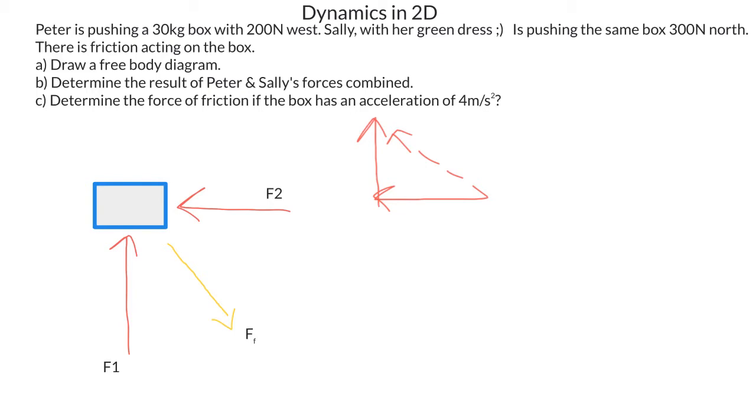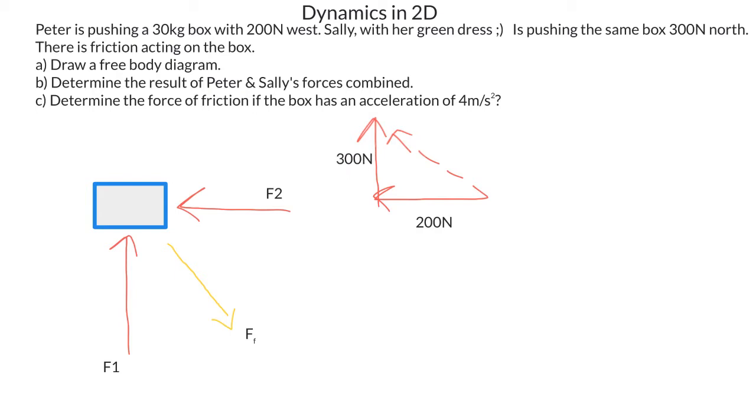Alright, so really the idea now I have is that this force going west is 200 newtons, and this force going north is 300 newtons. Let's move this one over a little bit. There we go.